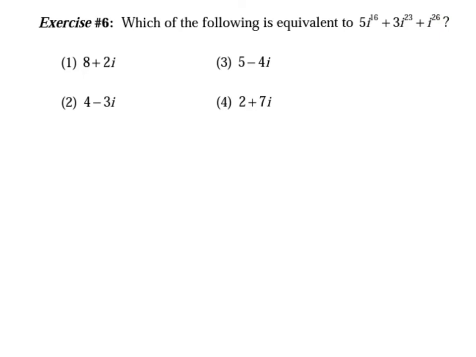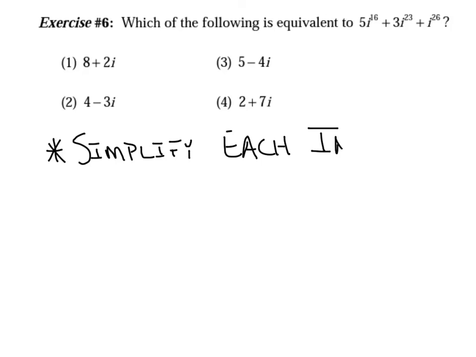So what am I going to do? Here's what I want you to put in your notebook. We are going to simplify each individual term. That is my game plan.